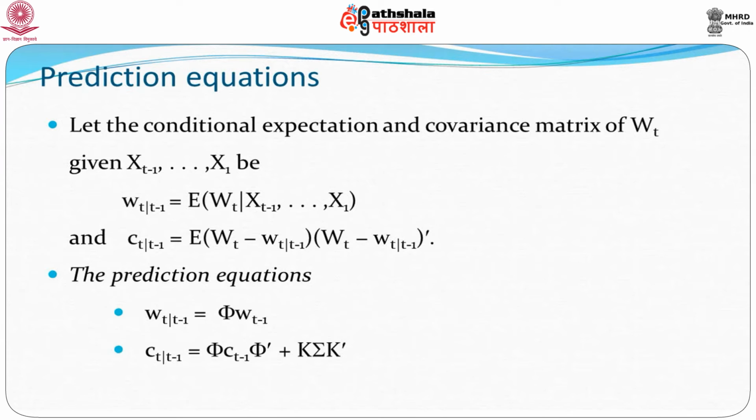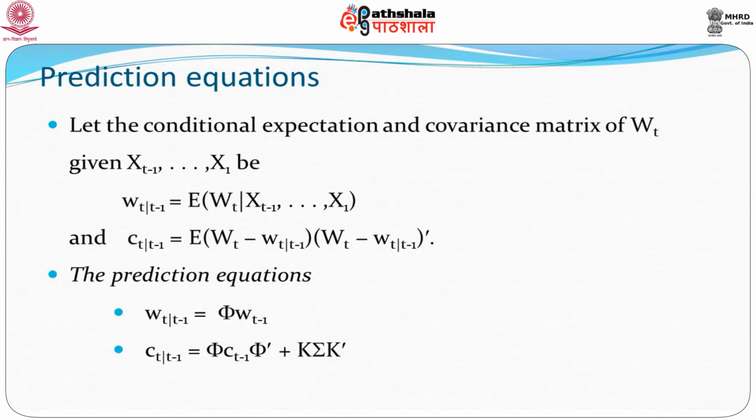Now, let us see how we can get W_{t|t-1}. W_{t|t-1} is given by the expectation of W_t given x_{t-1} up to x_1, and since x_{t-1} etc. being given means W_{t-1} is given, let us look at the observation equation.